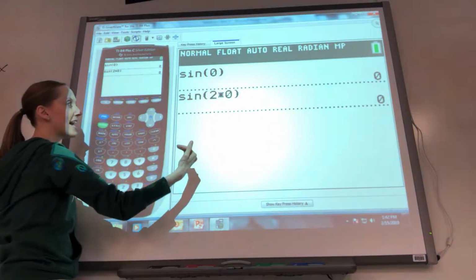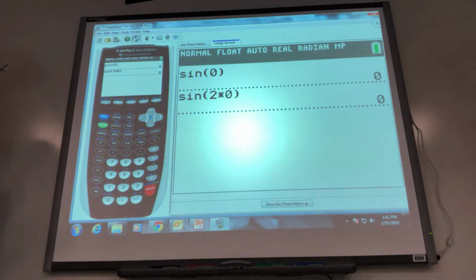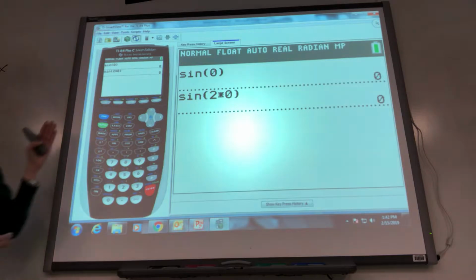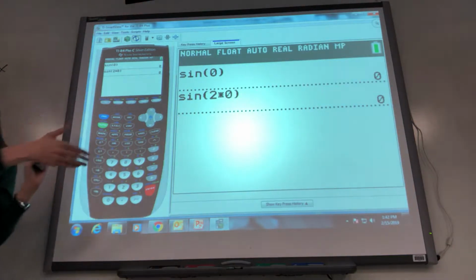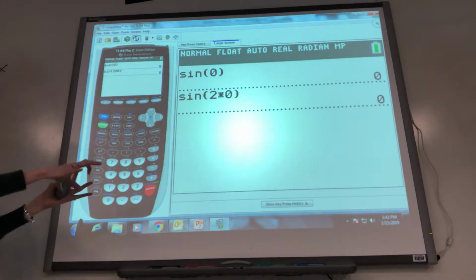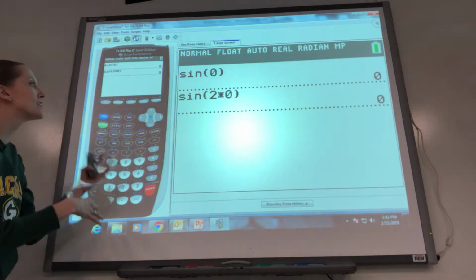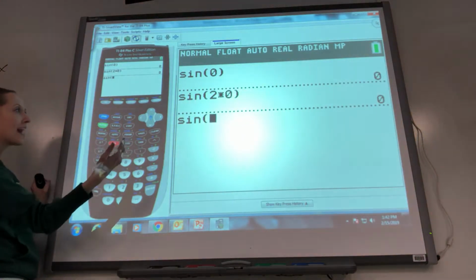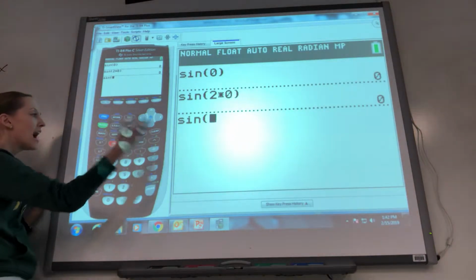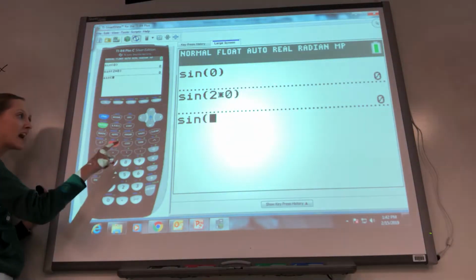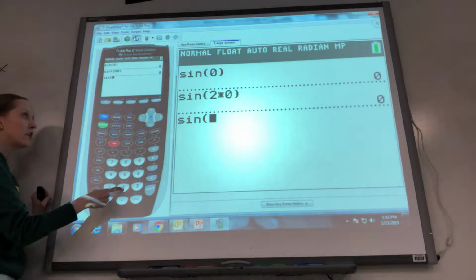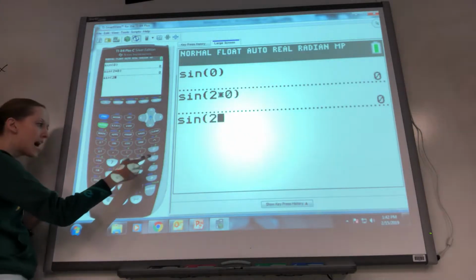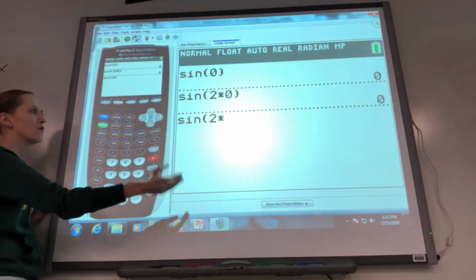Let me keep going. The next x value down was pi over 2. If you want to multiply the 2 and the pi over 2 first, you can, and then just take the sine of that number. Or I'm just going to write it out the long way. I'm going to type in sine of 2 times pi over 2.